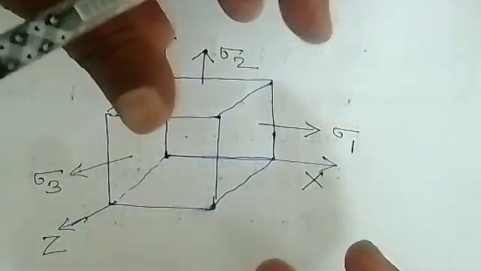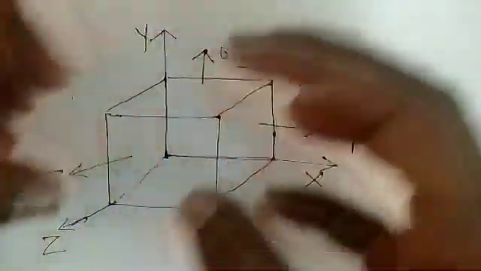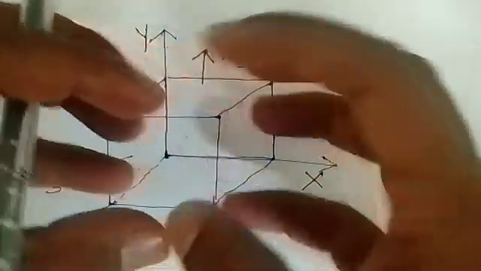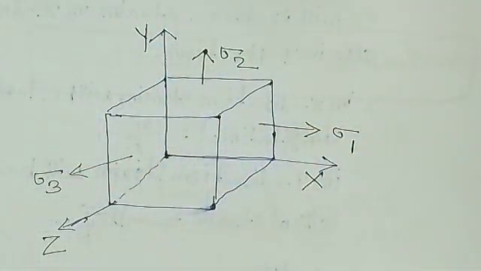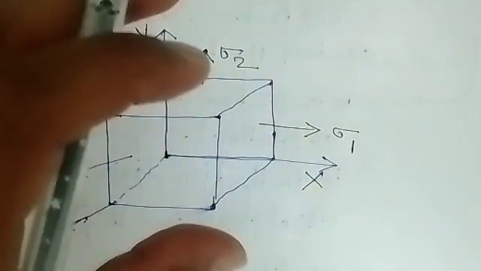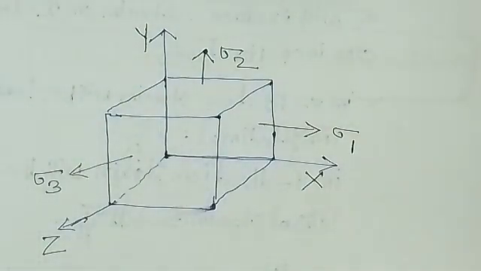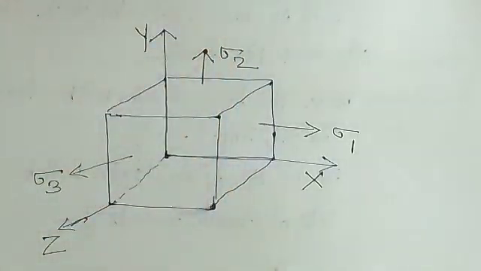But at the same time, the dimensions along the y-axis and the z-axis are going to be compressed. It means along the x-axis we get the longitudinal strain because of sigma 1, but on the y-axis and z-axis we get the lateral strain.